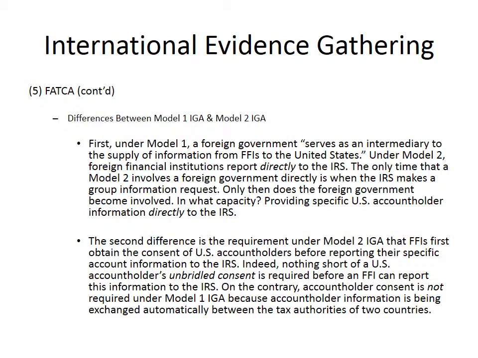Now, you might say to yourself, well, wait a second, I thought you told me that if a group request was issued to a Swiss bank for the names of recalcitrant taxpayers, the Swiss bank would then pass that information on to the Swiss taxing authority, and the Swiss taxing authority would then turn it over to the IRS.